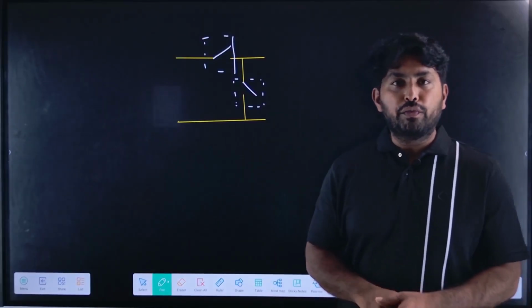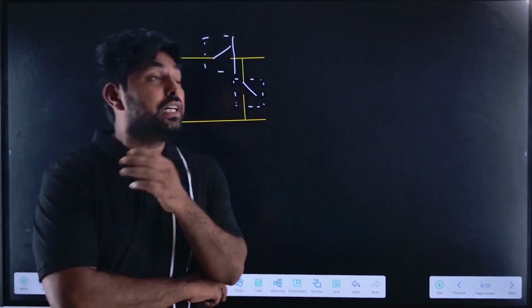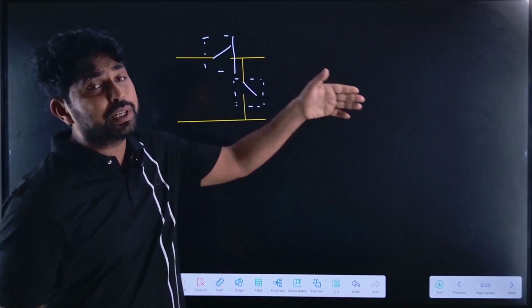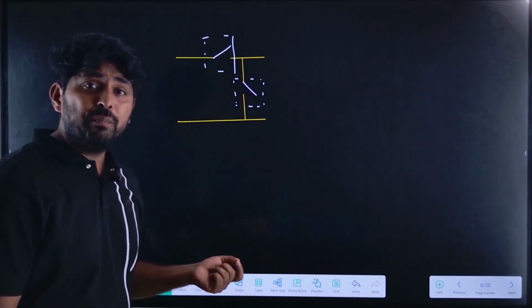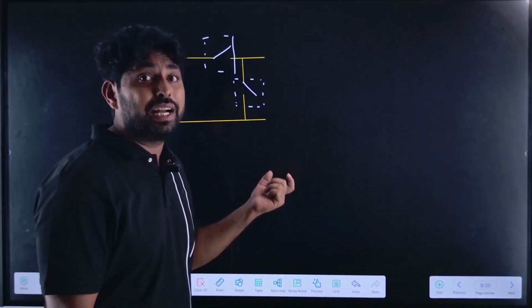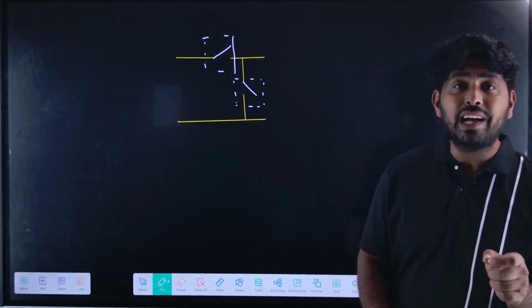Any additional elements should be added. For example, if I add an inductance, what is the function of the inductance? To eliminate the input current harmonics, as I said before. To eliminate the output current harmonics, we should add the capacitor.